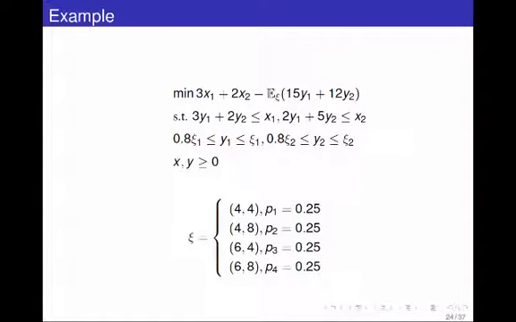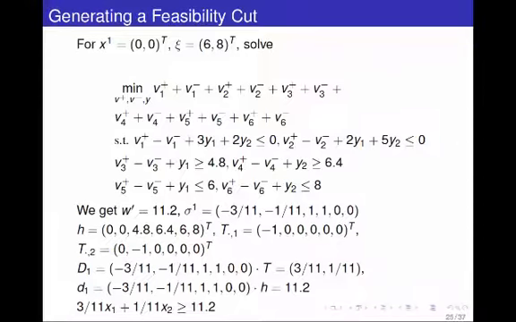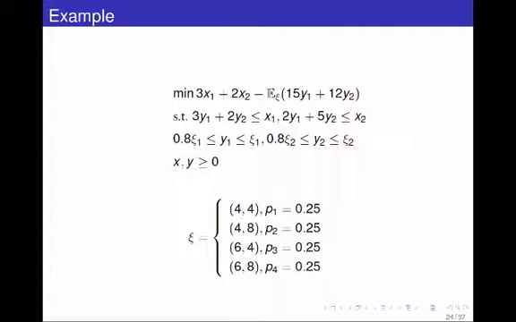Here we have two first stage decisions. This is the second stage cost, and these are the constraints. So one second stage constraint, second stage constraint, and two more over here. And we formulate, there are 4 scenarios, and we're going to pay attention to this one.